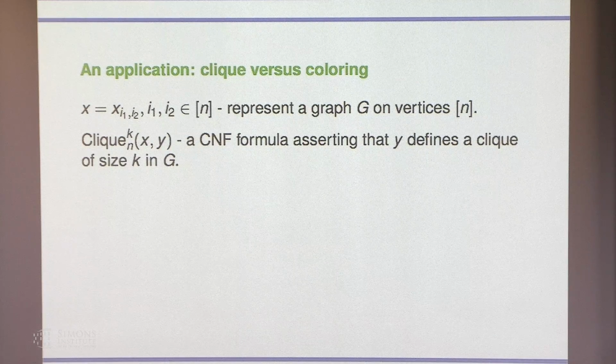Now, introduce one formula which says that you add extra variables and you say that the variables represent a clique of size k plus 1 in this graph.